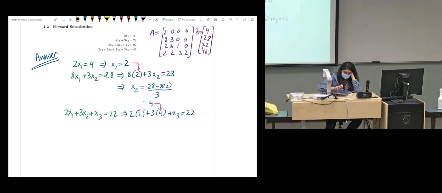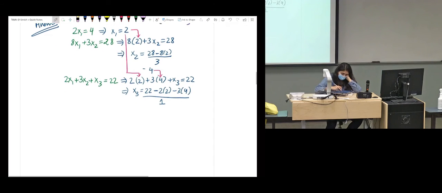I'm not going to do it for x4, just for these two equations. Alright, take everything on the right hand side. These are all constants as far as this equation is concerned. And then x3 becomes 22 minus 2 times 2 minus 3 times 4 divided by 1, which is the coefficient of x3.